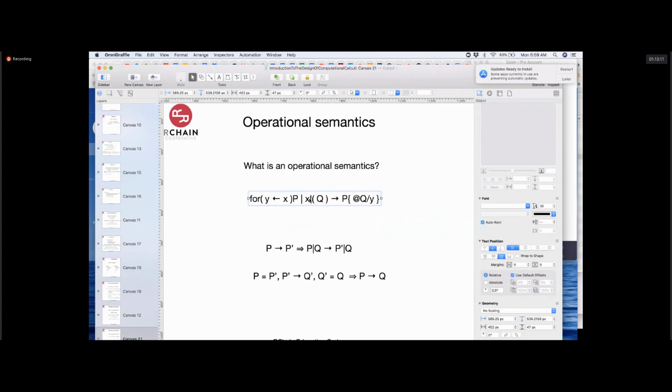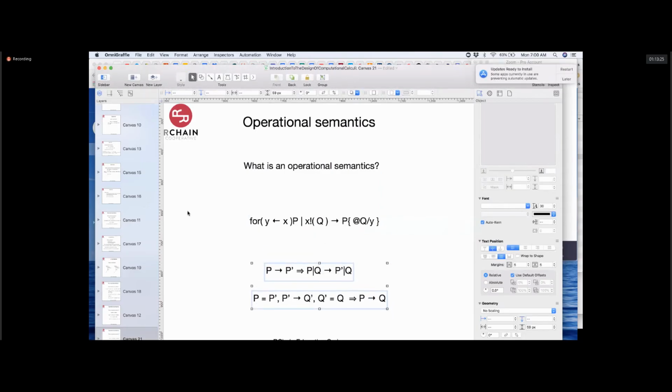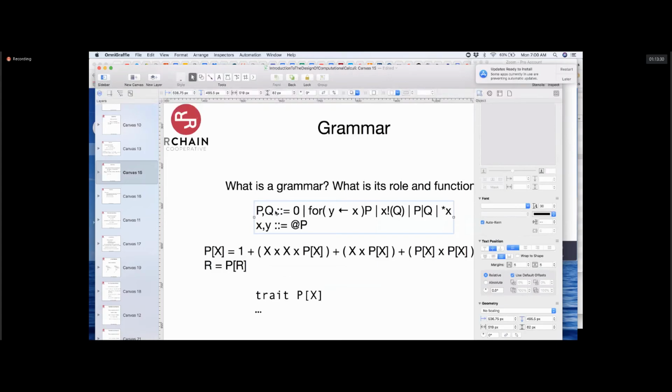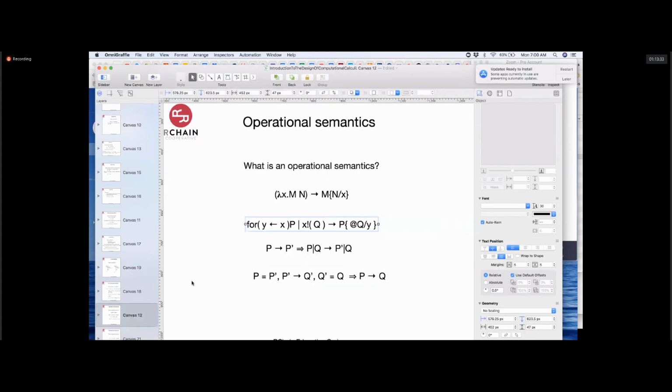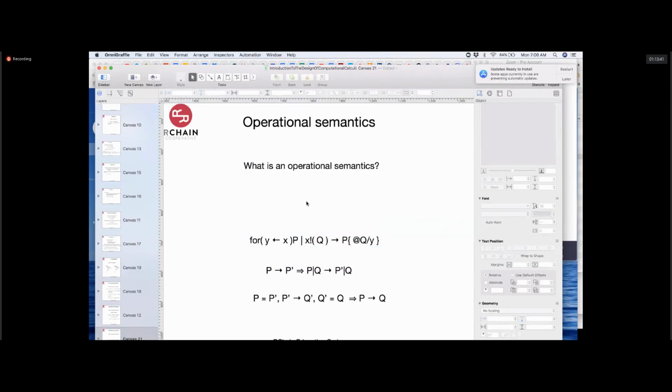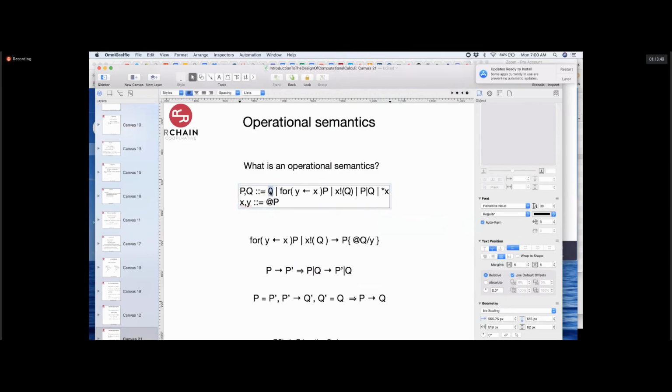Now I want to mention the idea of a context. I've mentioned it before, but I'll mention it again. And that is, wherever we have a zero, we're going to put in a hole.